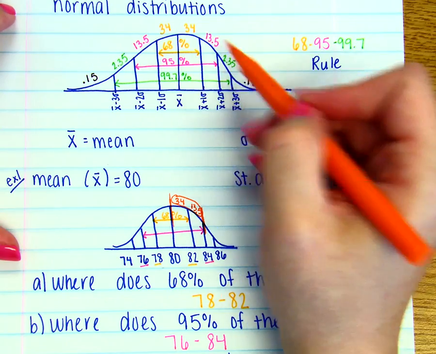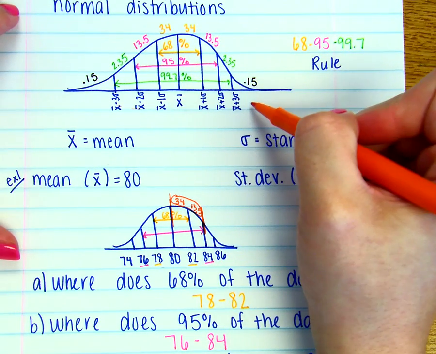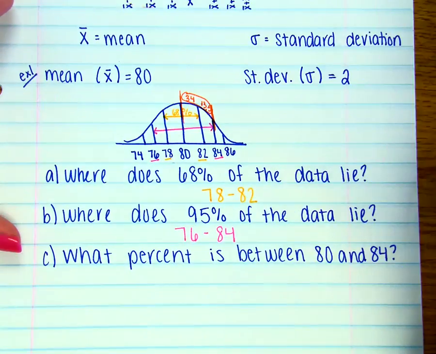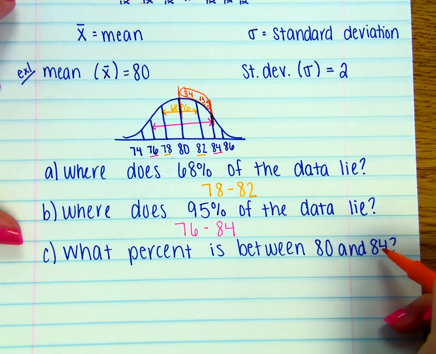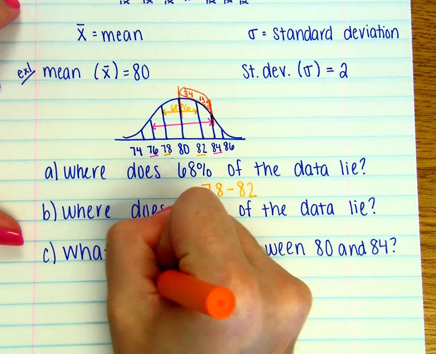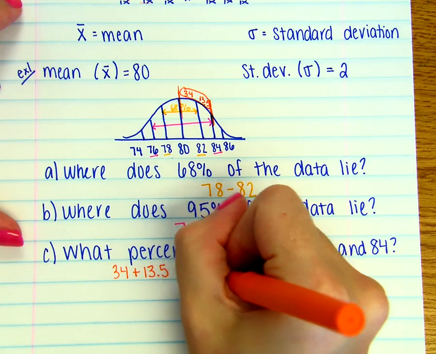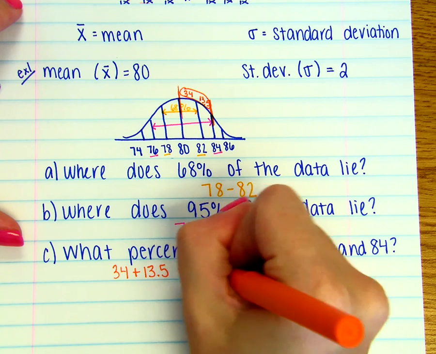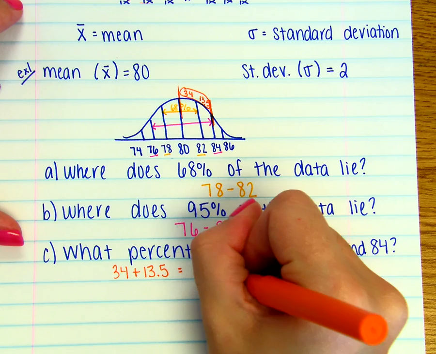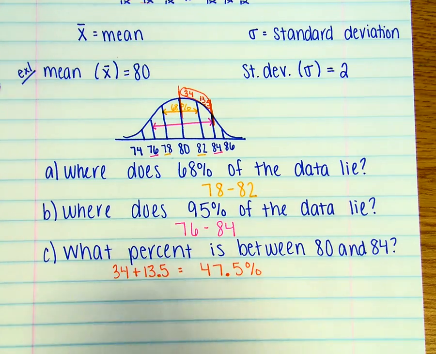These percentages that I have here in yellow, pink, green, and black, they're always going to be the same no matter what numbers are underneath here. The only numbers that are changed are the ones at the bottom. So to find out the percent between 80 and 84, I'm going to take that 34, add it to the 13.5, and that's going to give me my percentage. Okay, so that'll be 47.5%. And here you would leave it as 0.5 because that 0.5 is important.